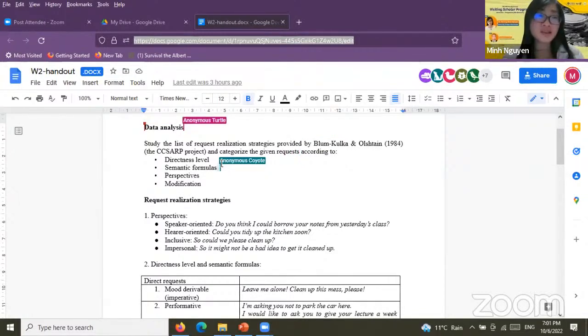And later we'll see that different languages prefer different types of realization strategies. Some languages prefer directness, whereas languages like English, for example, prefer conventional indirectness. In English, we rarely use imperative forms to make a request because it's considered rude.